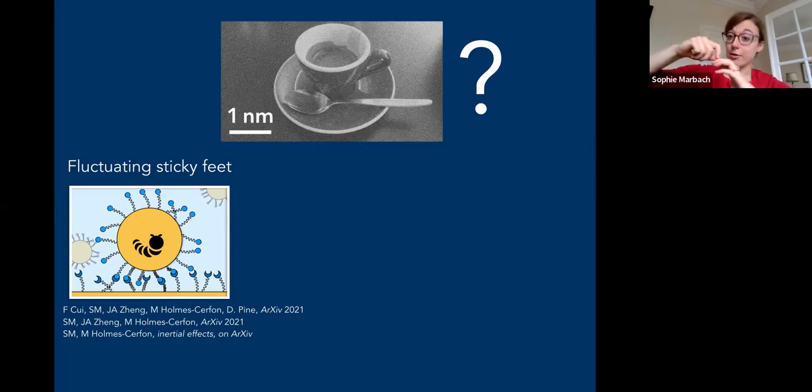These particles have a bunch of ligands that jiggle around, that bind and unbind pretty fast on and off to specific receptors on surfaces. By this binding and unbinding motion, they achieve either directed or non-directed transport that really depends on the properties of the stickers. I've been doing a lot of work on this. This is related to DNA-coded colloids, if that rings a bell, and I'd be more than happy to talk about that at some other time.